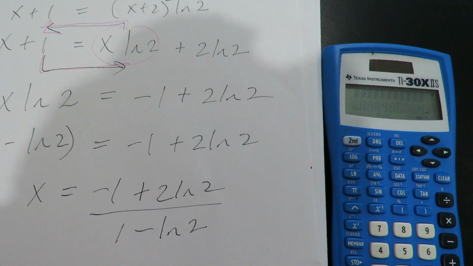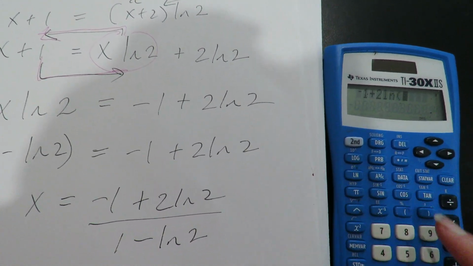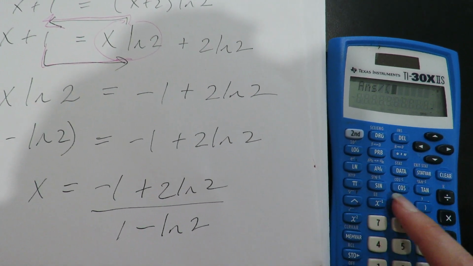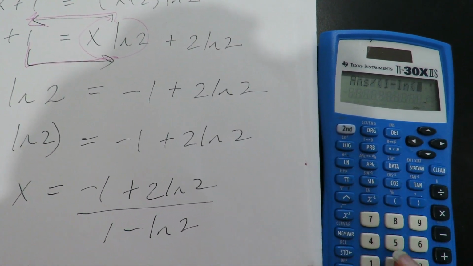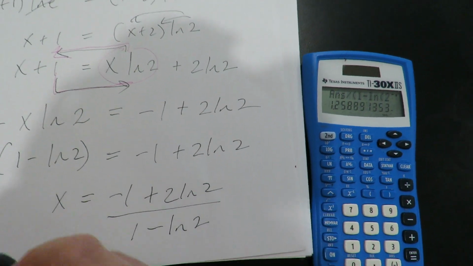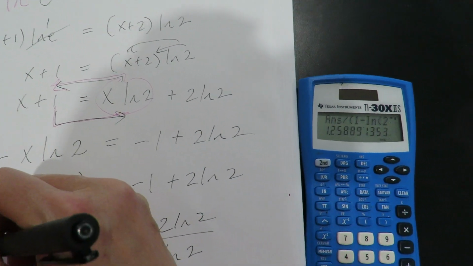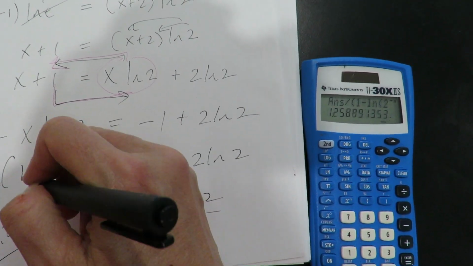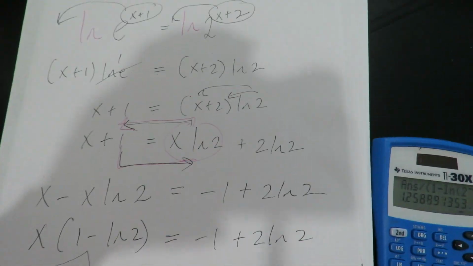Let me try again. -1 plus 2 ln 2 equals, divided by all of 1 minus ln 2, close the ln, close the bottom. Alright, let me not touch it again, I'll just write it over here. So this is about 1.259. That's the approximation on that. Okay, so that's this one.